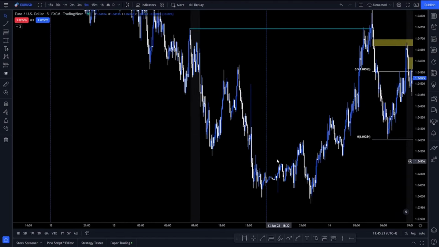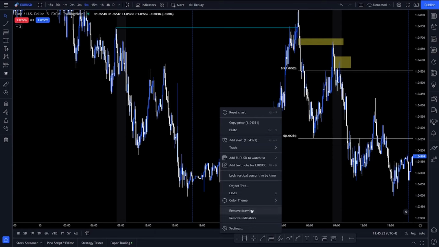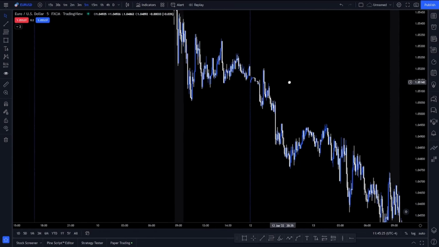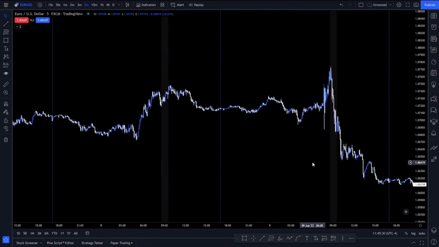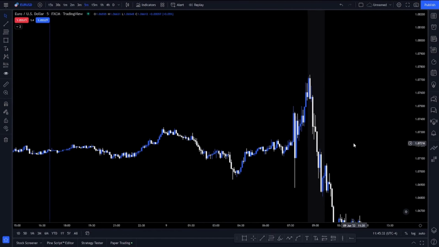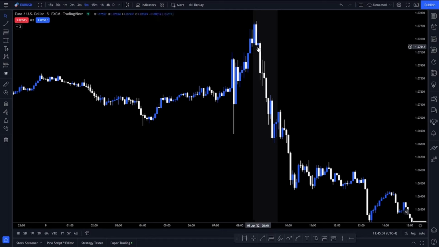So I think you understood the fair value gap, and now let's understand the imbalance. Okay, like here you can see this is called the pure imbalance, and I think it was news. Here are lots of imbalance, like this one, this one, and lots over here also, and another one over here.